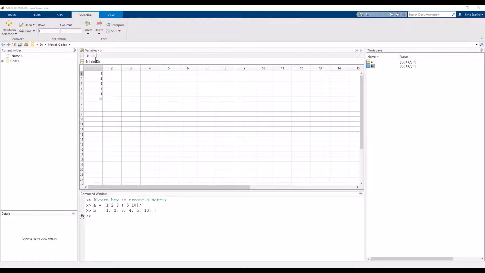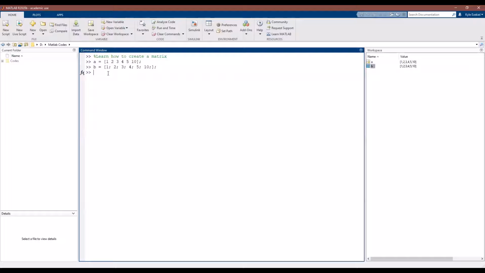First, let us determine how many rows or columns we need. If you noticed, when creating a column vector, the semicolon means it needs to move down to the next row. So we can combine the concept of a row vector and a column vector.